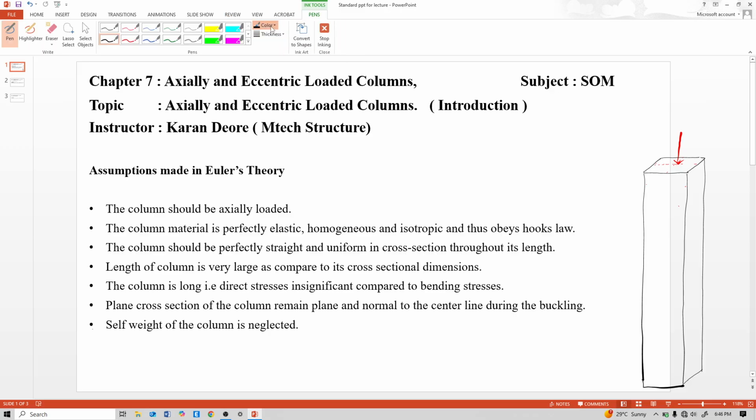For buckling, I will show you only a line diagram. If the column buckles like this, fixed at top and bottom, then due to that, bending stresses occur more than direct stresses. So this is the meaning of the fifth bullet point.